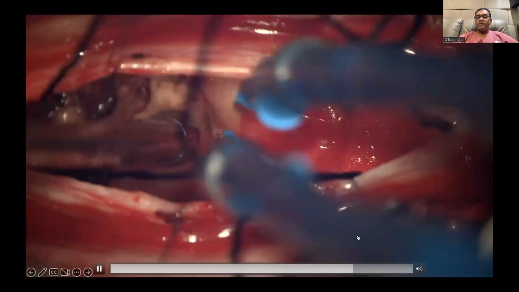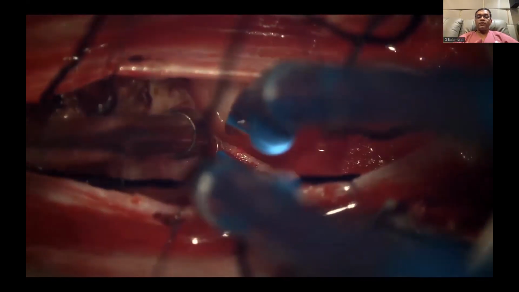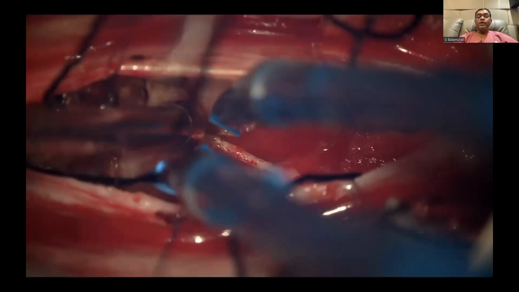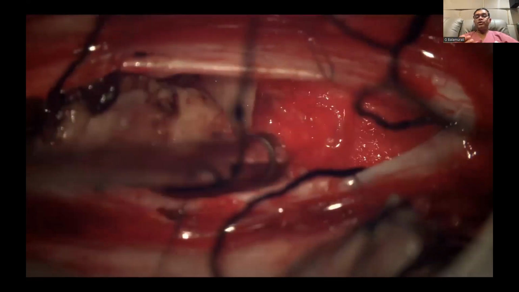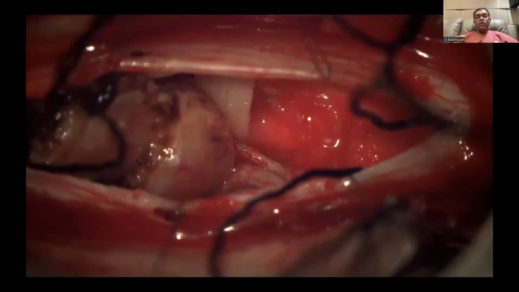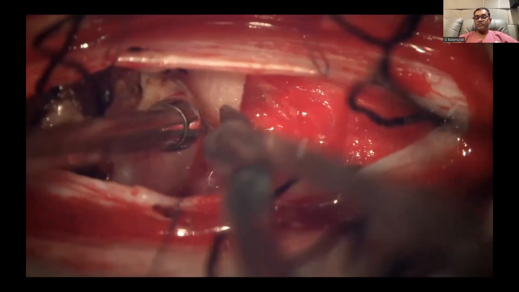So dural closure, many people feel that you don't need to do it meticulously. You cannot do it meticulously. But I feel that you can do a very good dural closure, even with a very small incision. All you need is a little bit of practice, and there's just a learning curve.